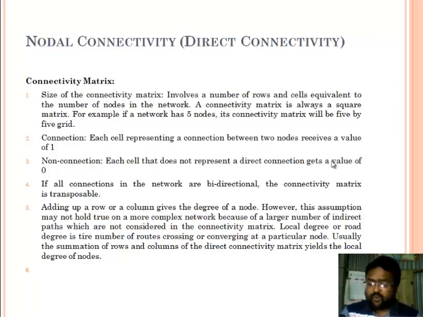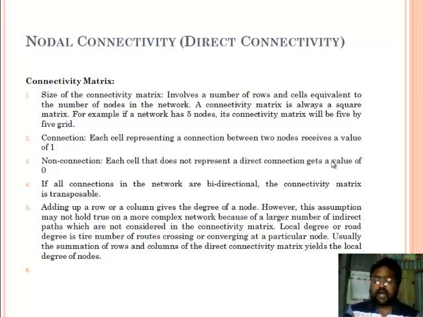Adding a row or a column gives the degree of a node, the connectivity degree of the node. The node having the highest summation of connectivity is obviously the most connected compared to all other nodes.